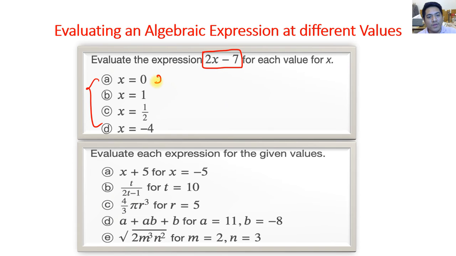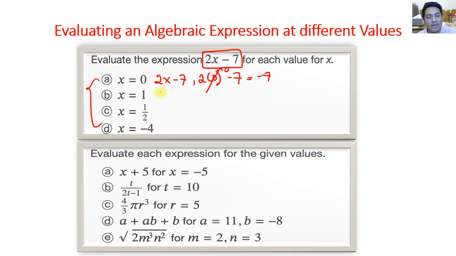So let us try. We have 2x minus 7. At x equals 0, we simply replace x with 0. That's what makes a variable variable. It can take any assigned value of x. So you have 2 times 0 minus 7. Obviously, 2 times 0 would be 0. So the answer is negative 7 for letter A.